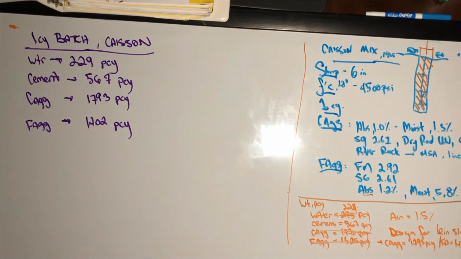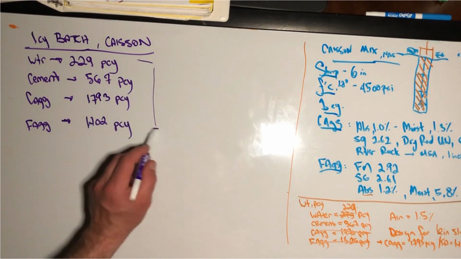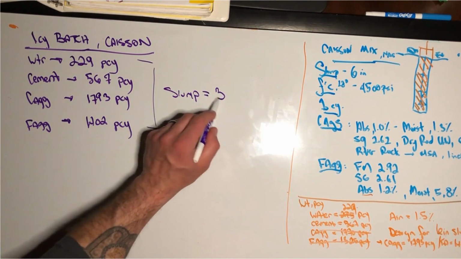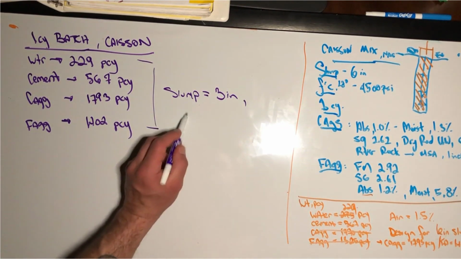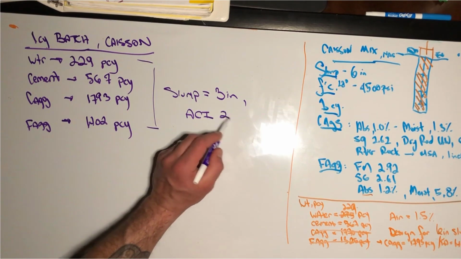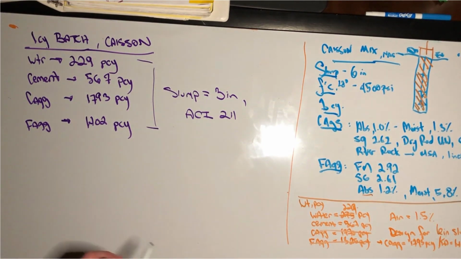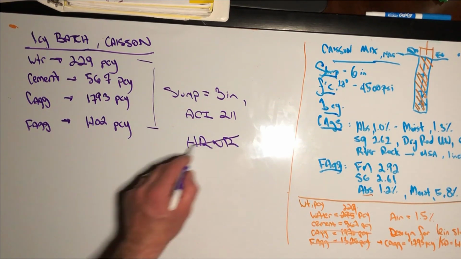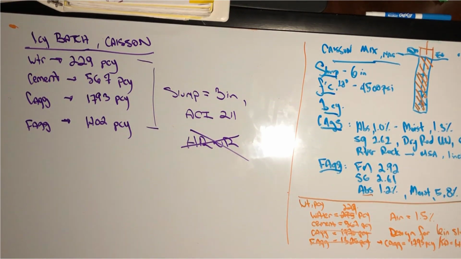Now, bear in mind, this is all for a slump of 3 inches. And that's because we designed it using ACI 211. Now, ACI 211 does not take into account high-range water reducers. So we've got to do that ourselves. So bearing that in mind, most high-range water reducers, and you don't necessarily have to use a high-range water reducer.